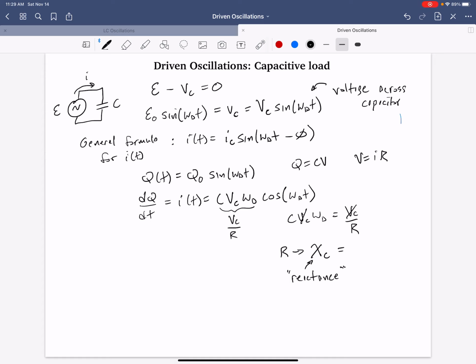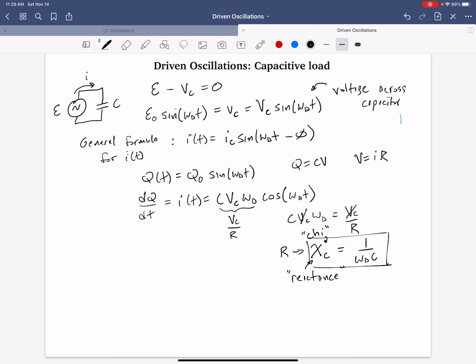For AC currents, you need to have reactance, because current flips and can increase and decrease in both directions. So this is chi, spelled C-H-I. That's the Greek letter chi. Chi sub C, and so that has to equal 1 over omega d C. This is the expression for the reactance of a capacitor. Again, it's the AC equivalent to resistance.